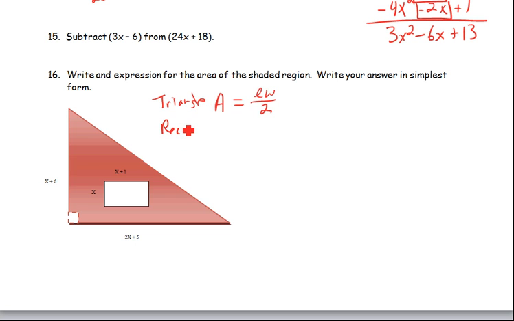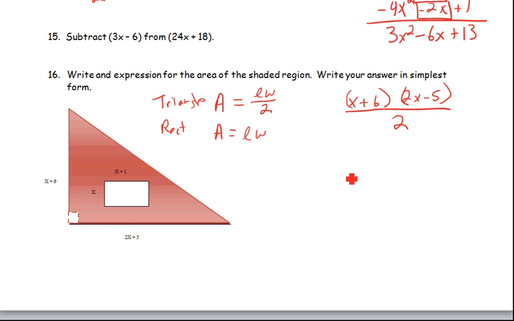A rectangle, the area equals length times width. So for my triangle, I need to have x plus 6 times 2x minus 5, and then we're going to divide by 2.